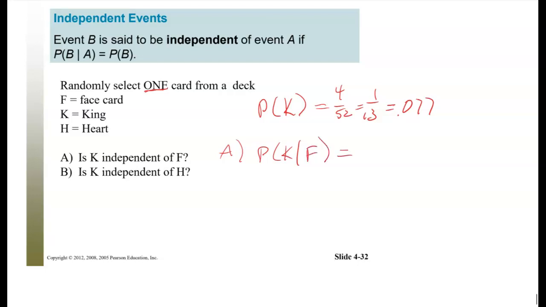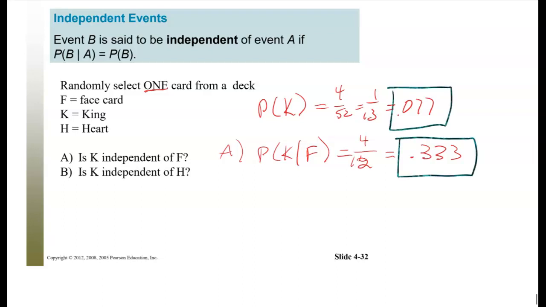I think we did this one a little bit earlier as well. If we're only looking at the face cards, there's only 12 face cards, and the probability of getting one of those 4 kings out of 12 face cards is 0.333. So here, is K independent of F? We would just need to look at those probabilities. Does the probability of K equal the probability of K given F? No. They are not independent, they are definitely dependent events.